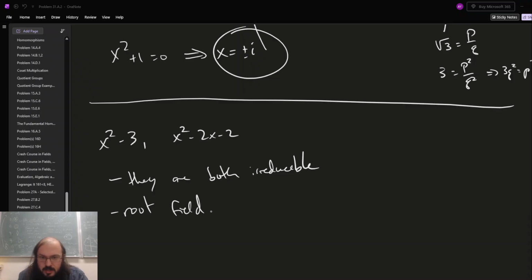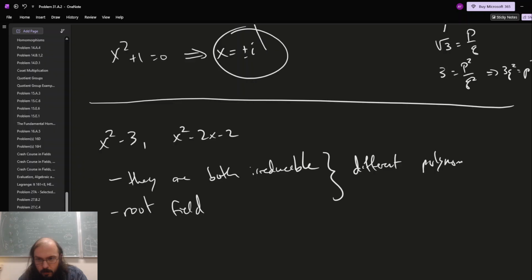The reason that this example is interesting is because it shows us that we can have different polynomials with the same root field.